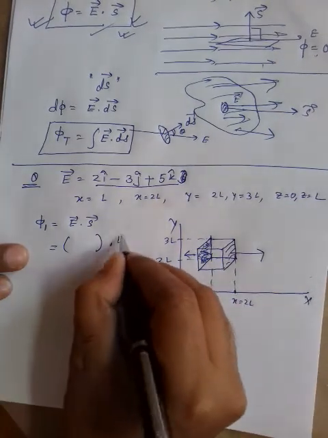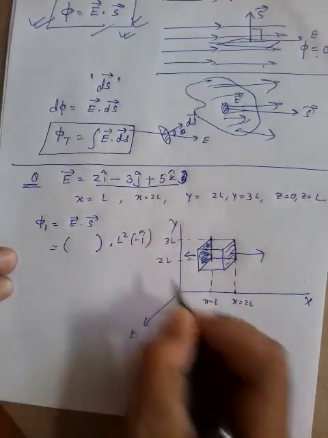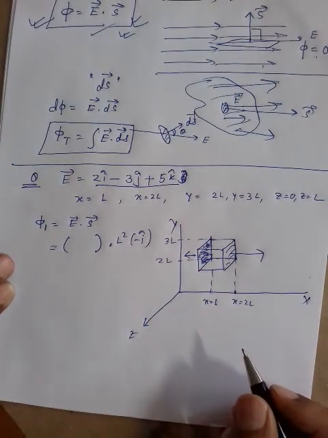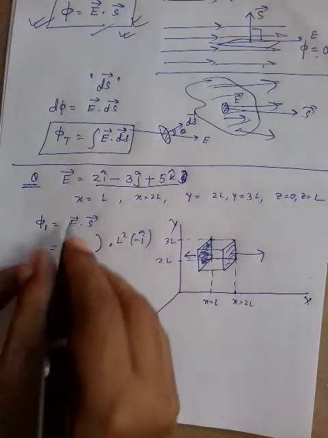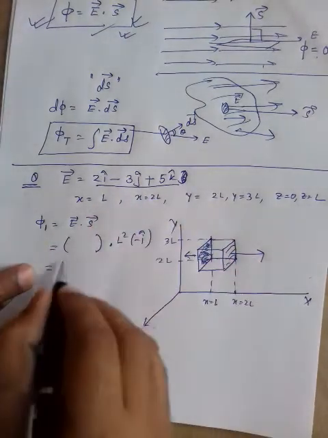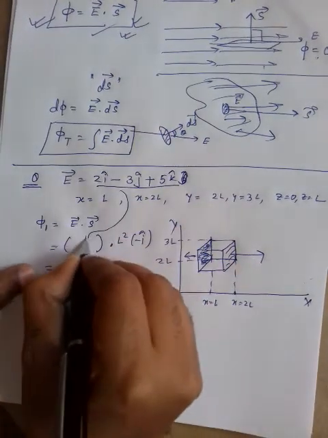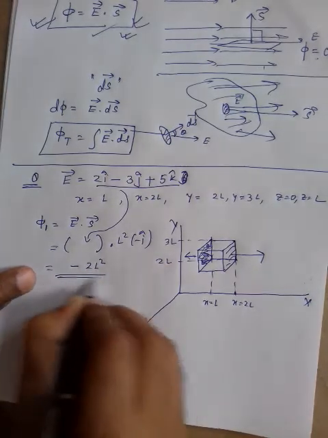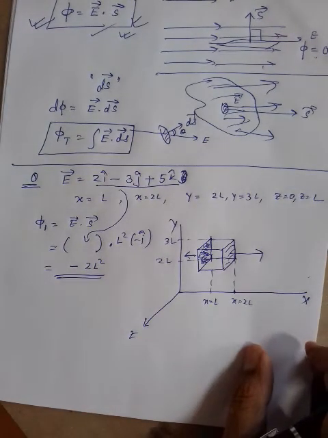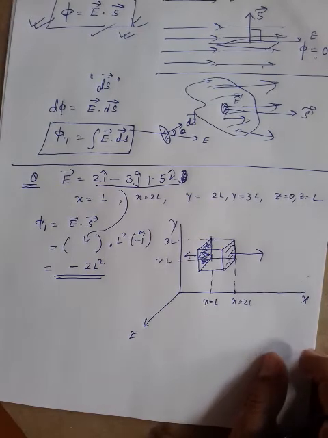So the area is L square but minus I cap. We know in case of dot product, I dot J, I dot K are not required. I dot I is important. Clear? So here these two terms will give us 0. If you put the value here, you will get minus 2L square. So flux on the first surface comes out minus 2L square. I hope no difficulty in that.